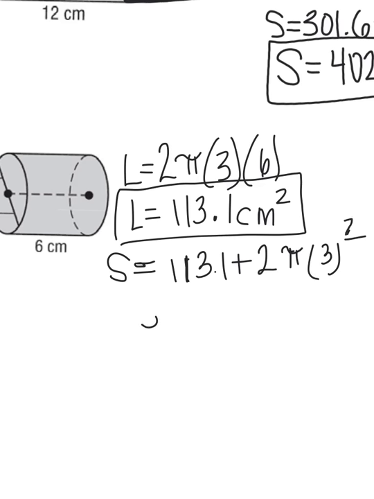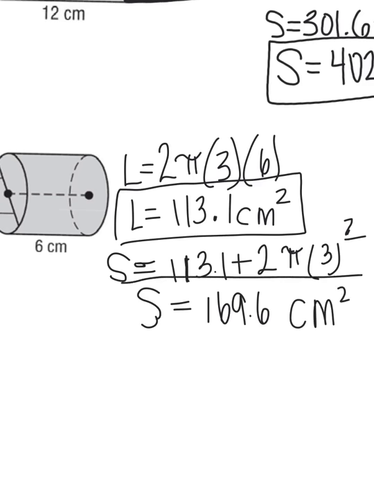When I plug it into my calculator, total surface area is equal to 169.6 centimeters squared. Okay, that wraps up our lesson, surface area of prisms and cylinders.